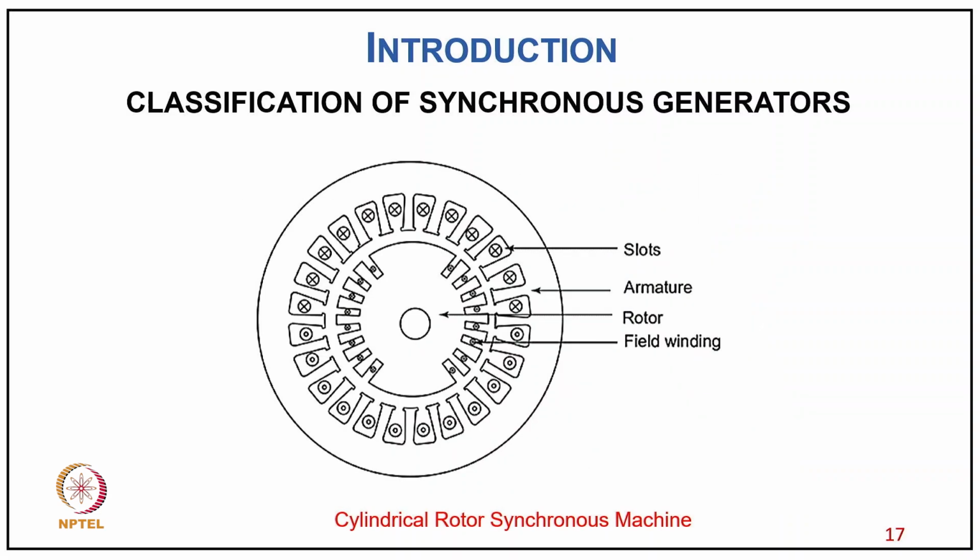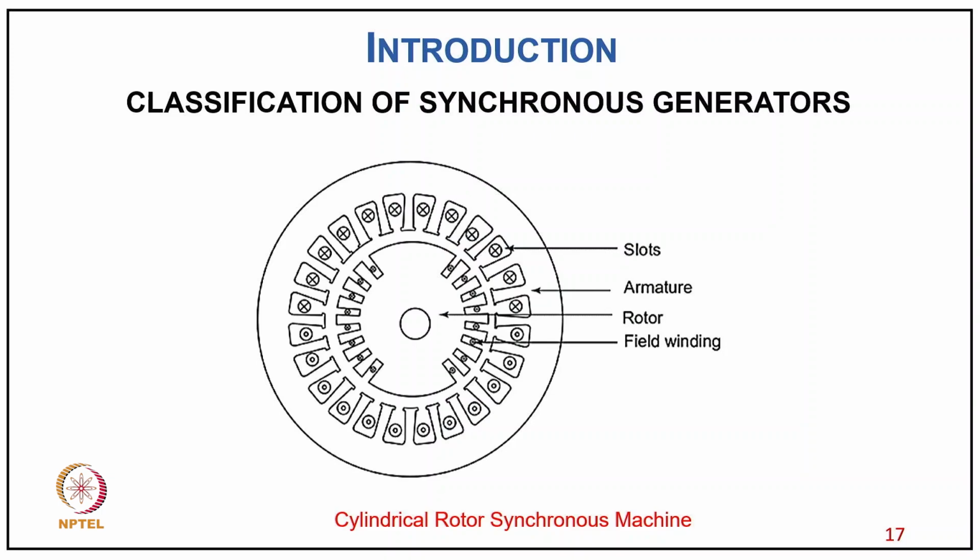Then the cylindrical rotor machine, as you can see here: the stator winding is of course a polyphase, three-phase winding. On the rotor we have a cylindrical structure with a well distributed field winding over the periphery, normally in a two pole construction. One third of the periphery is one portion, another one third is another, and about one sixth is without the field winding.